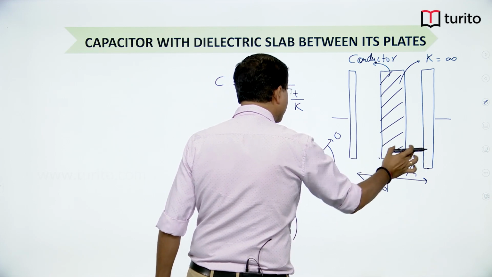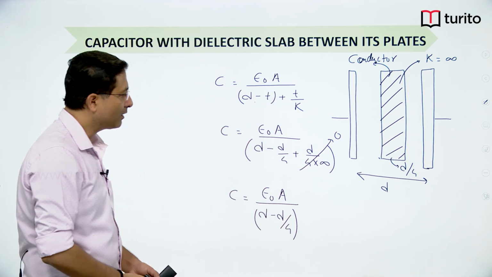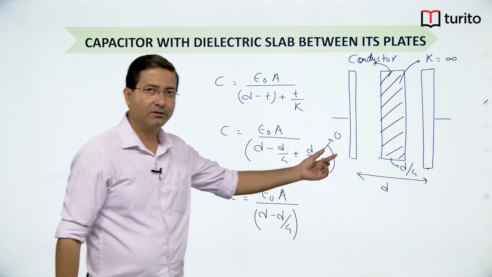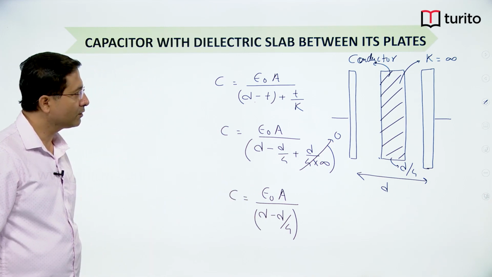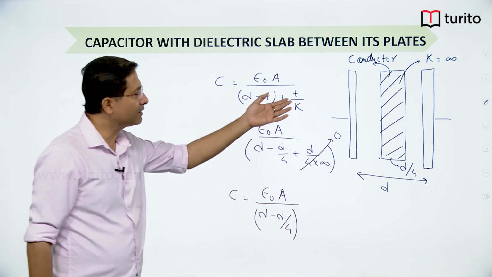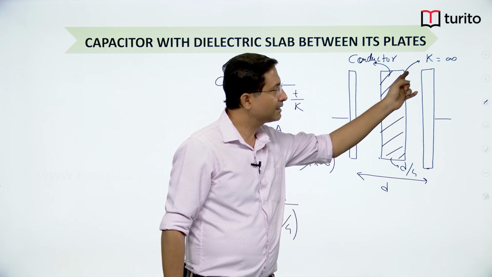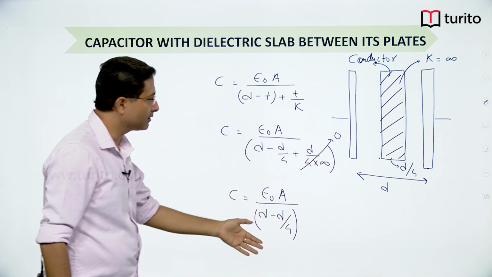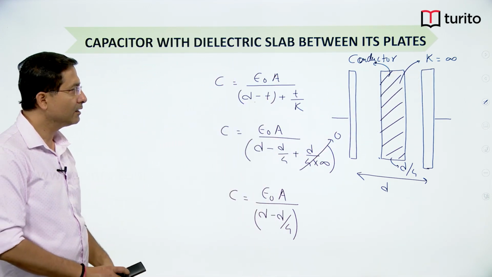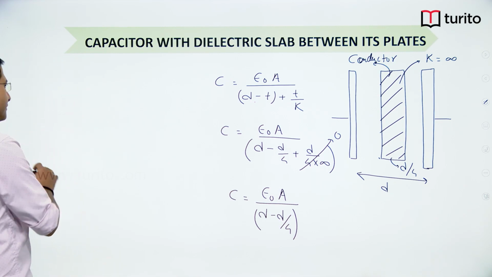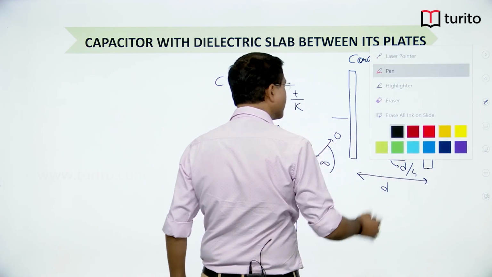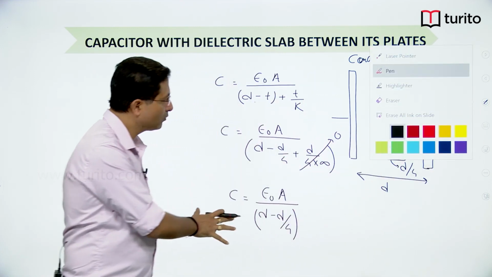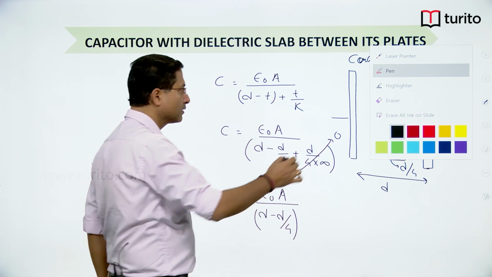So, effectively we are getting d minus d by 4 over here, right. So, even if conductors are given, we can apply the same formula with K equal to infinity, right. Now, if I give you a little different situation, so I hope this whole thing is clear. Now, we will move to the next one.